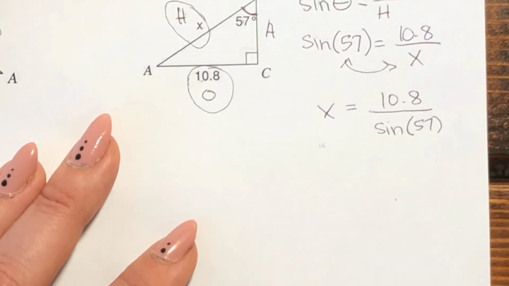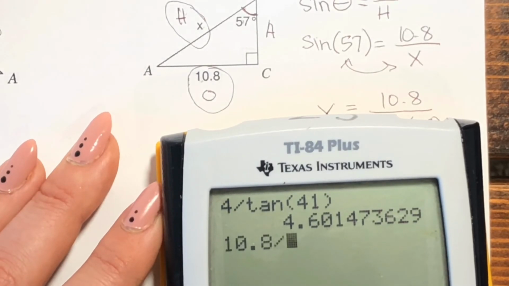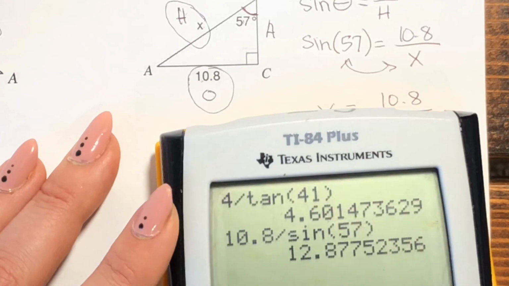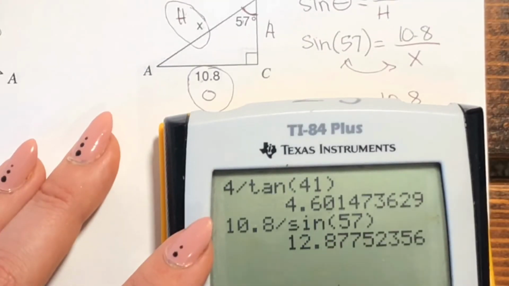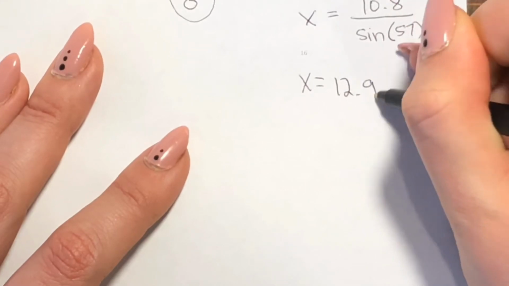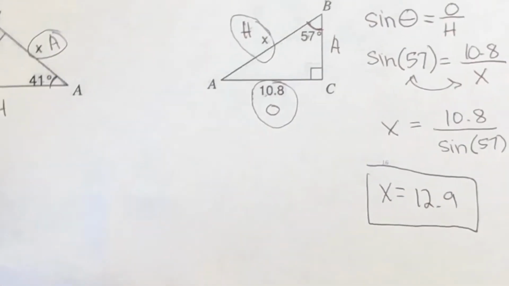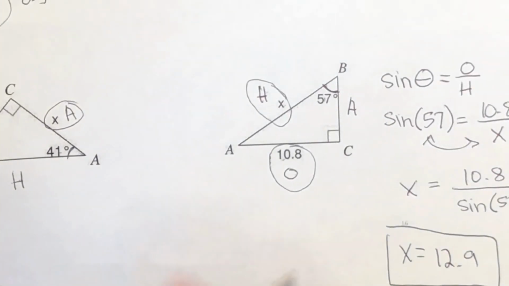And then we're going to throw that into our calculator and be done. So 10.8 divided by sine of 57 degrees. And we get 12.9 if we round up. So x equals 12.9.